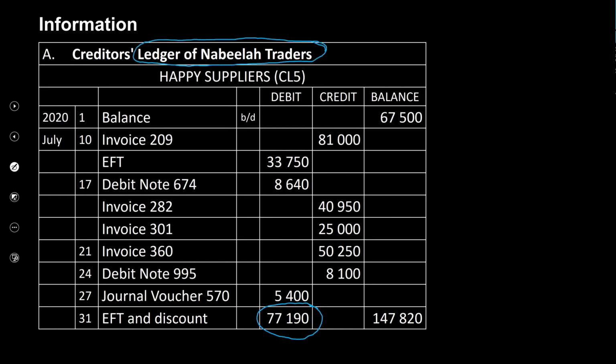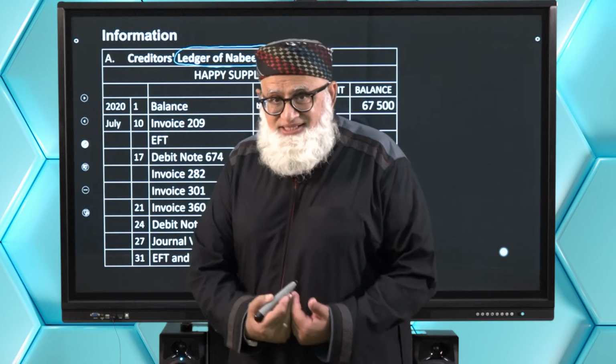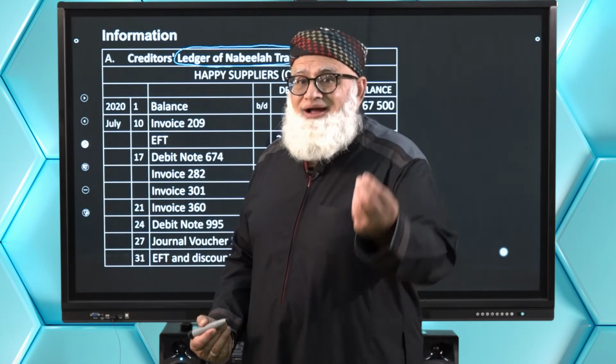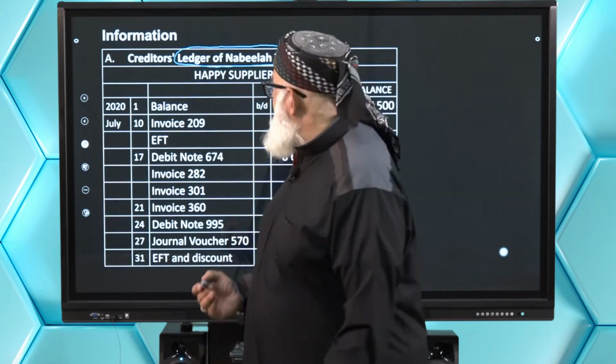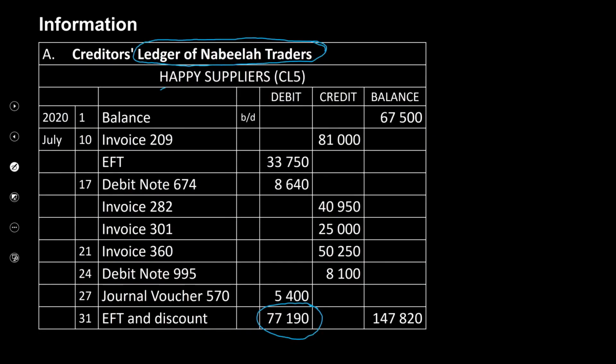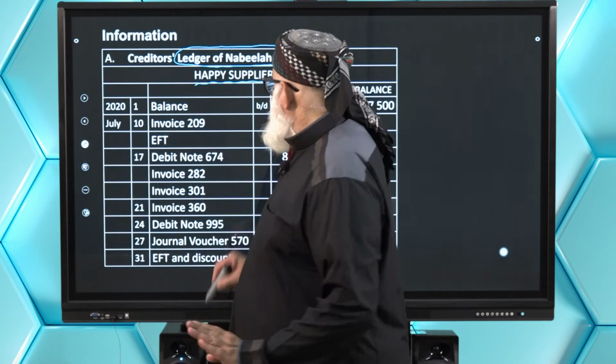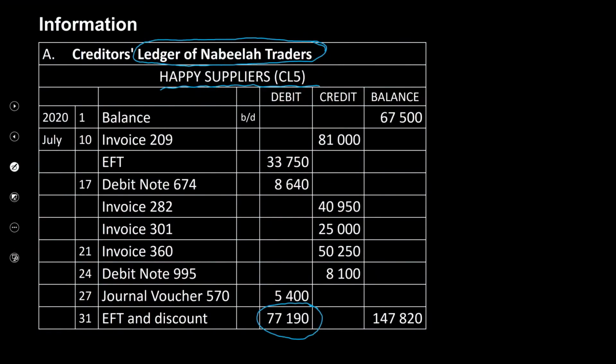It means we are Nabila Traders, we the business. We are dealing with our creditor. Who's our creditor? Our creditor is Happy Suppliers. So in our records, we have entered into transactions with Happy Suppliers, and these are all the transactions that we have entered into with them. Can you see that?